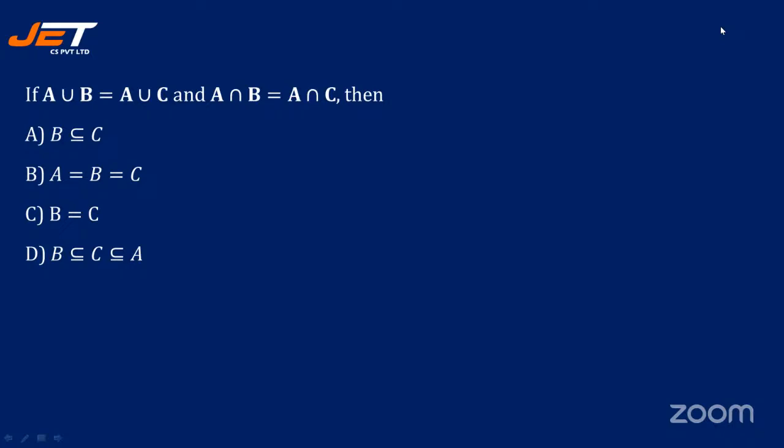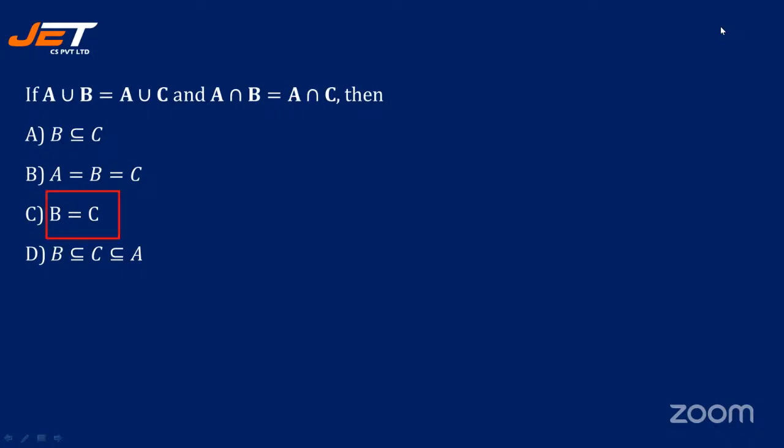B is a subset or equal to C. A is equal to B, which is equal to C. B is equal to C. B is a subset or equal to C, or C is a subset or equal to A. All right, let's see the answer.